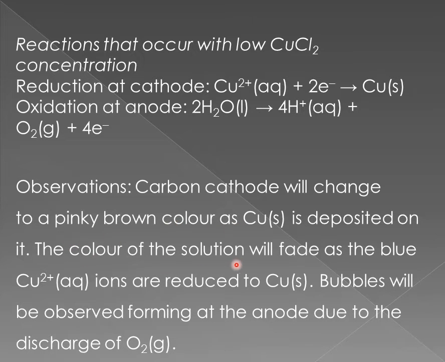And the color of the solution will fade. Copper chloride solution is blue, but when copper ion is reduced into copper metal, this blue color starts to disappear, and bubbles will be observed forming at the anode due to the discharge of oxygen. As you can see here at the anode, oxygen gas will be bubbled.